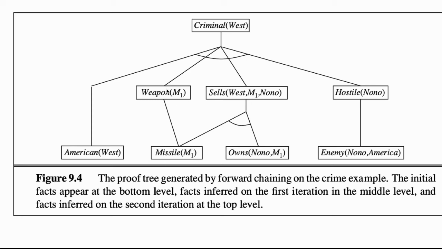From missile M1, we inferred that M1 must be a weapon. From M1 being a missile and M1 being owned by Nono, we could infer that it must have been sold by West. And now because all four of these conditions are true, we can infer that West must be a criminal. And this is the process of forward chaining.